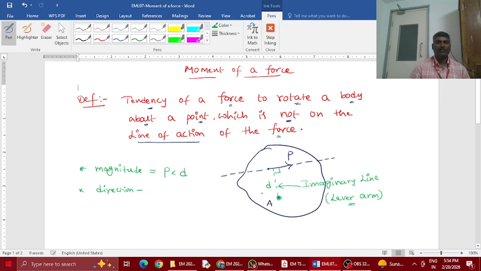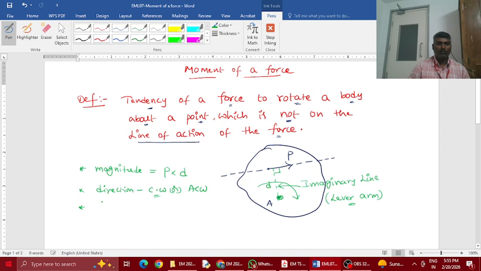So direction is either clockwise or anti-clockwise. Okay. See, in this case, you just look at the imaginary line, how this line is being rotated about this point by the force. So this force, okay, is trying to rotate this line in clockwise direction. So for this case, it is clockwise. It is the direction. Okay.